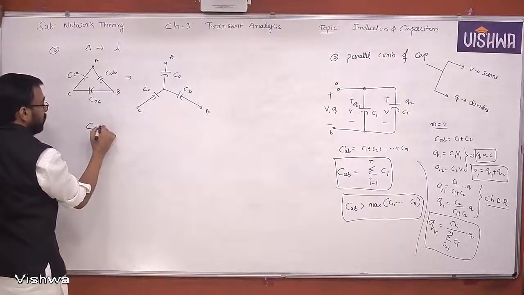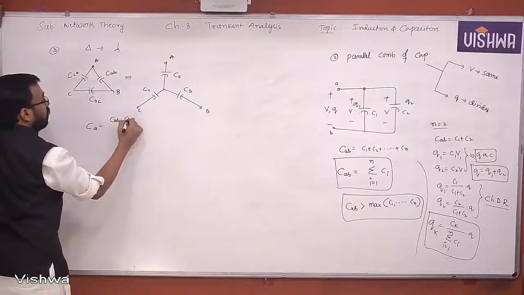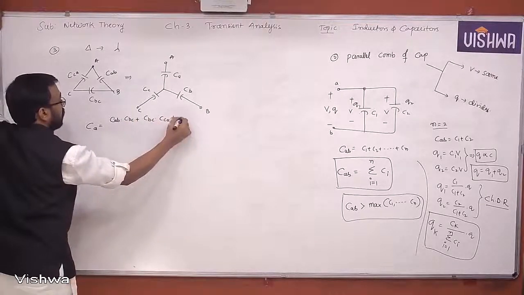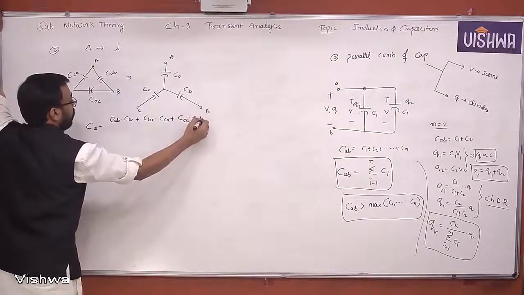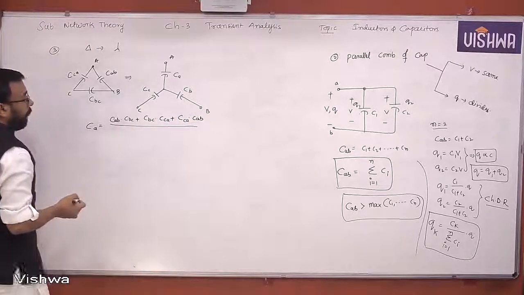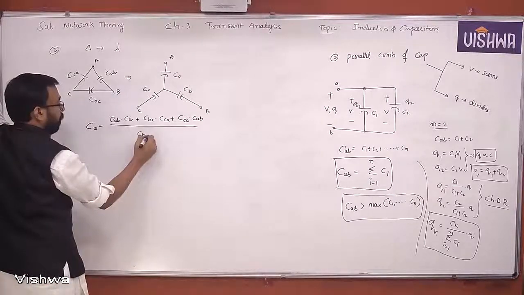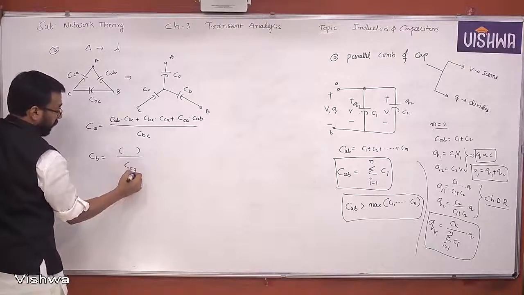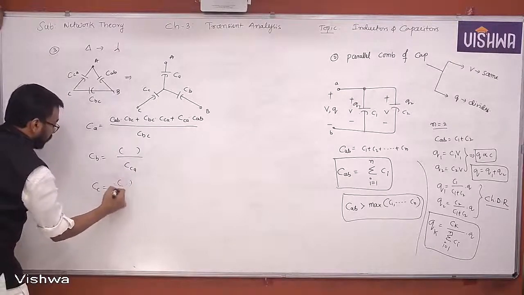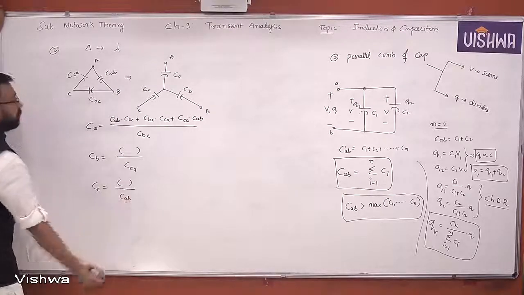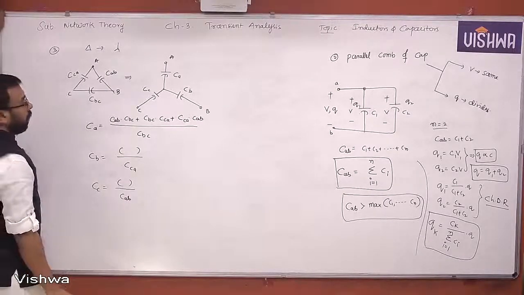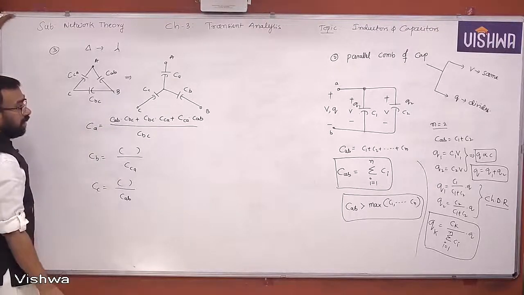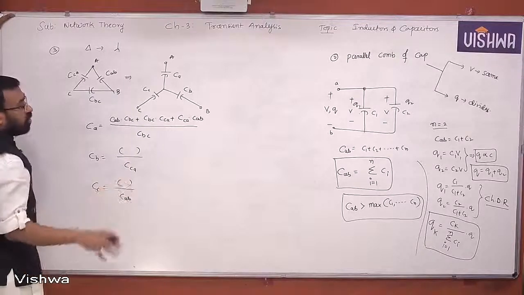CA can be written as CAB into CBC plus CBC into CCA plus CCA into CAB, divided by CBC. CB can be written with the same numerator, divided by CCA. CC can be written with the same numerator, divided by CAB. Okay, just like the conductance formulas look. You can go back to your conductance formula. In the very beginning we studied this in the star delta transformation. You can also cross check.